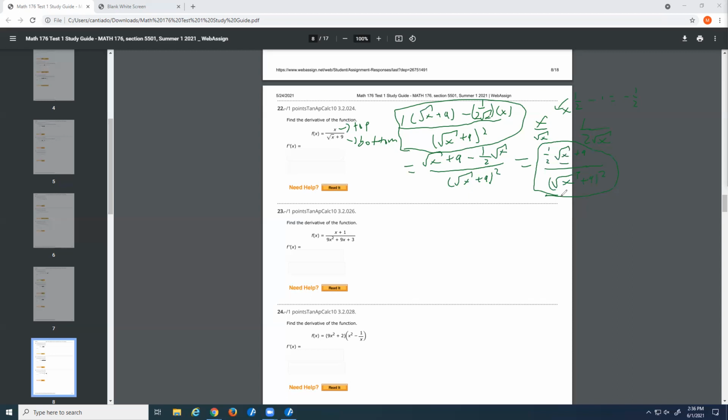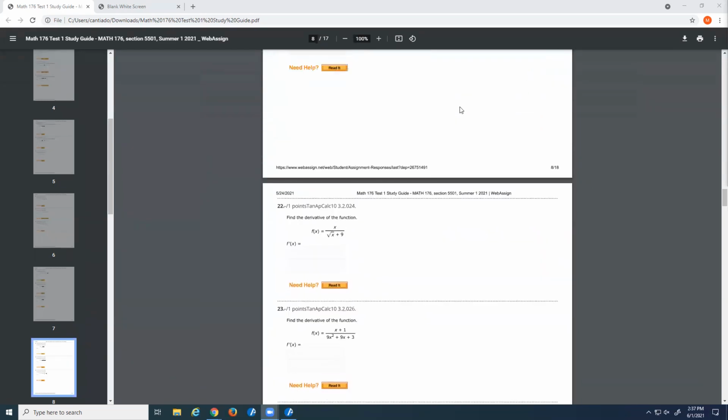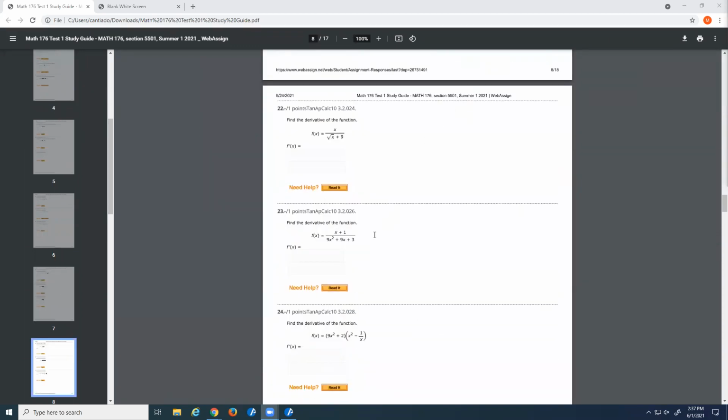All right, so now I think that's about going to wrap it up for 22. I'm debating whether I want to do 23 or not. 23 is going to be really similar to a product rule example we had with x plus 1 and some other functions, so it shouldn't be too bad to evaluate.